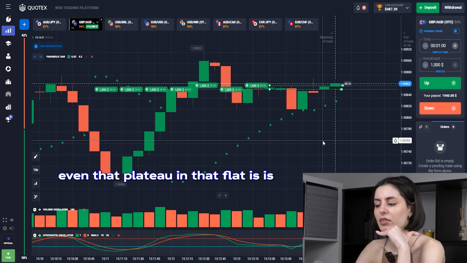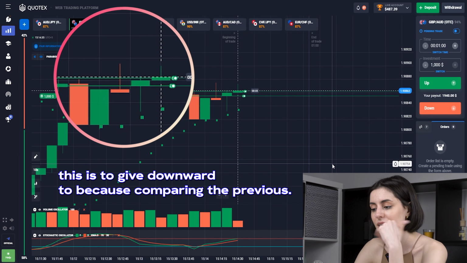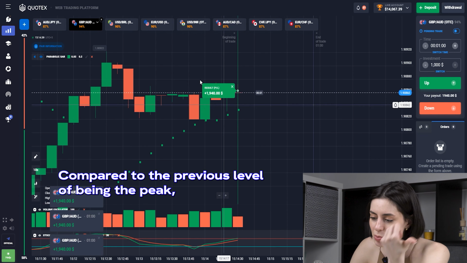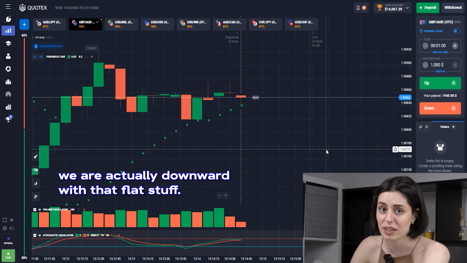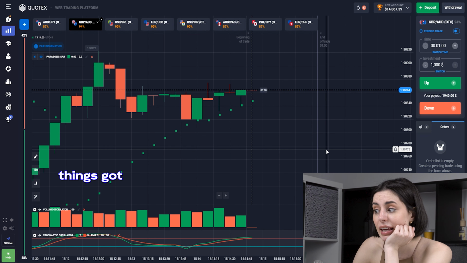Even that plateau, even that flat part, is getting downward too, because compared to the previous level at the peak, we are actually downward with that flat stuff. Oh, we're done. Thank God.